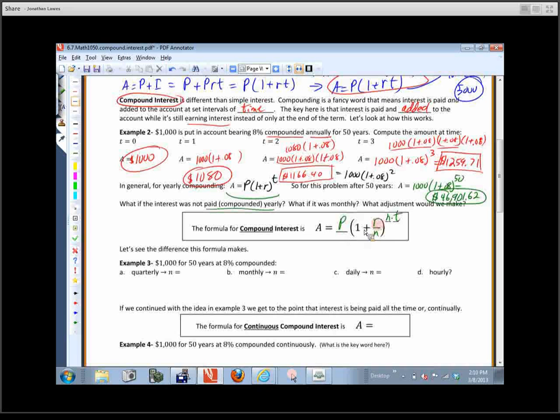Principal, 1 plus R over N raised to the NT. You're going to want to memorize that. N equals number of times compounded per year.